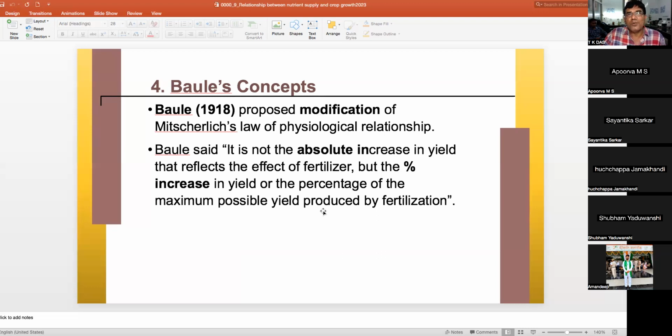So he has given a constant change, or he made a proportionate decrease, which was fixed. For example, the first unit will give you a 50% increase. The second will give you 50% of the previous increase, which means it will become 75%. Likewise, it will go on.